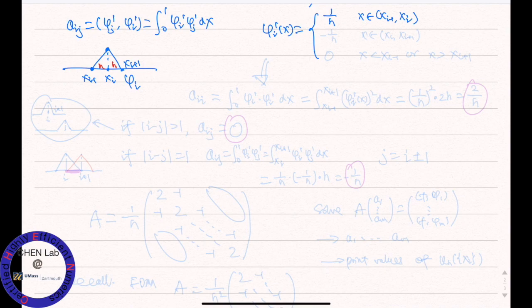And when x is between x_i and x_{i+1}, this is negative 1 over h, with negative slope. The slope is rise over run, and it's 0 when x is less than x_{i-1} or x is larger than x_{i+1}, all right? So that's our phi_i prime.